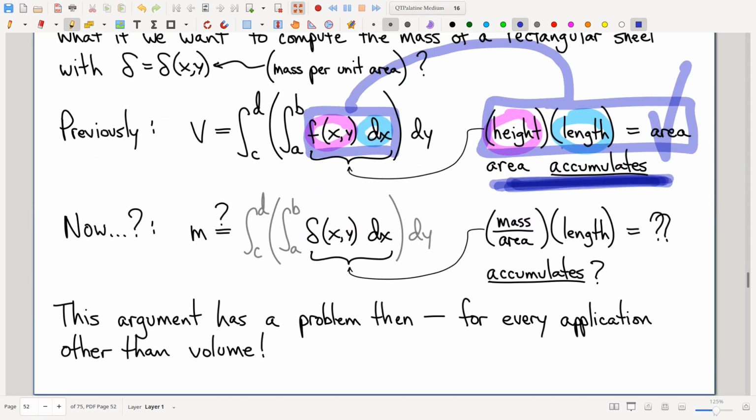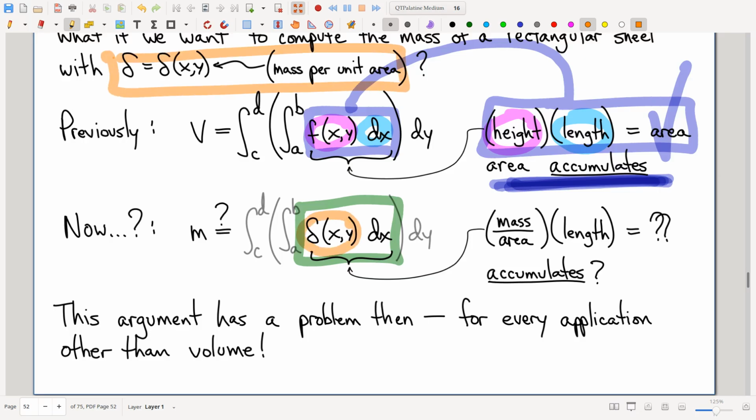Well, oh my gosh, can I do something analogous here? And the problem is I can't, because this density came to us as mass per unit area. So mass per unit area, if I multiply that times length, what does this give me?